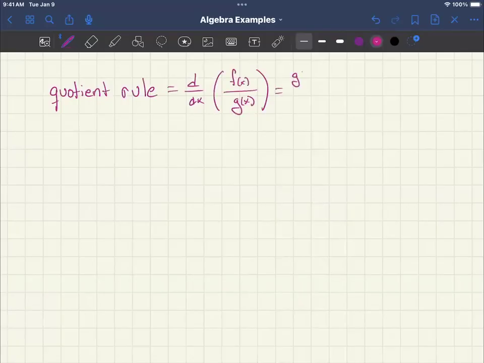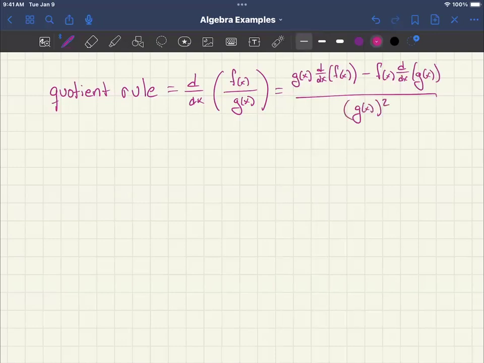So g of x times d dx of f of x minus high d low, f of x times d dx of g of x, divided by low squared. So g of x quantity squared.